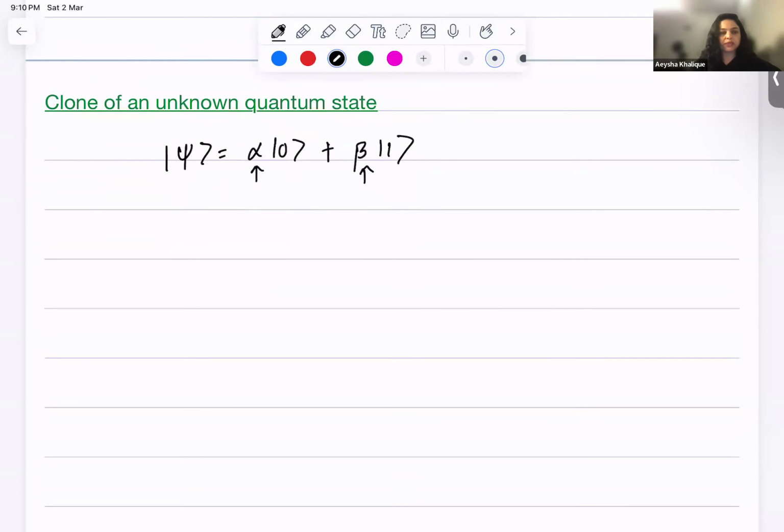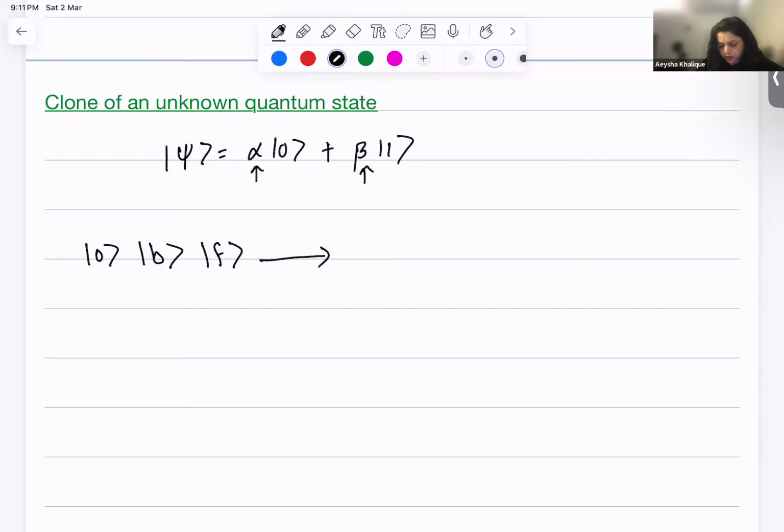So what happens when we try to make a clone of such a state? Let's say we have devised a cloning machine which can make a perfect copy of the 0 and 1 states. If I have a 0 state and I want to make a perfect copy, I have a blank state, and a cloning machine in the state F. Then I apply the cloning process on it.